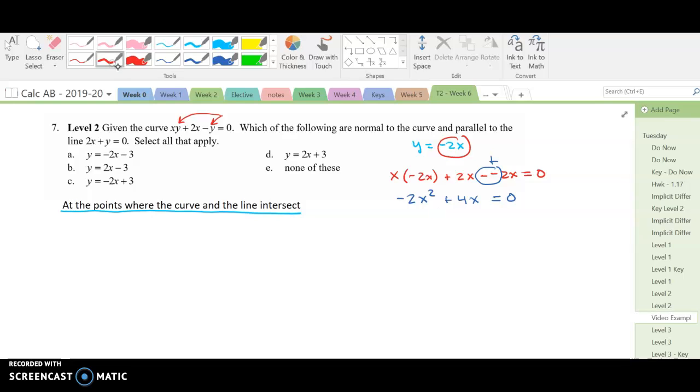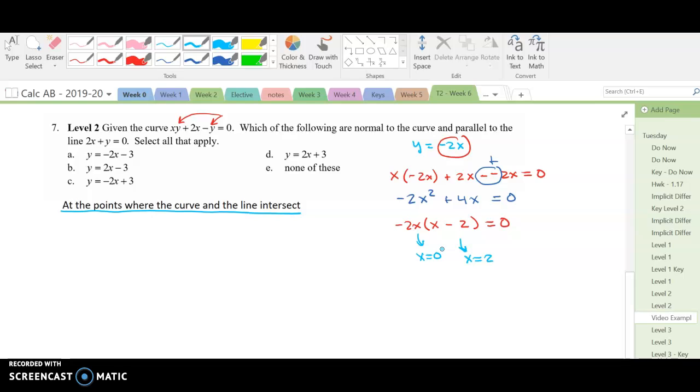Factoring out negative 2x gives x minus 2 equals 0. And so that means the line and the curve intersect at x equals 0 and x equals 2. And so I'll plug both of these x's into the original equation to see what the y is.